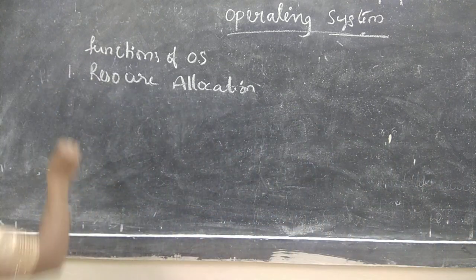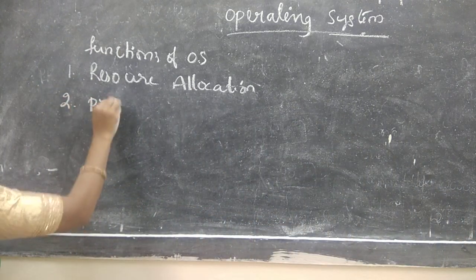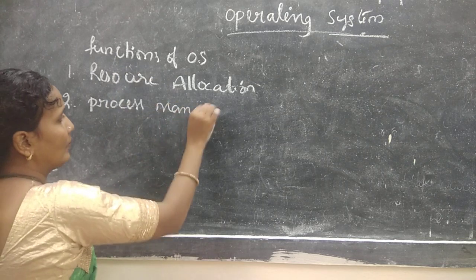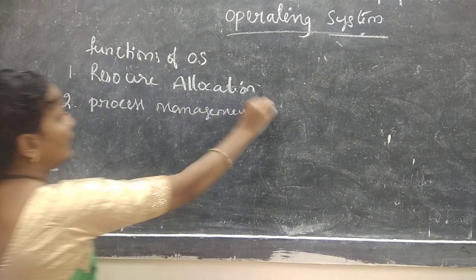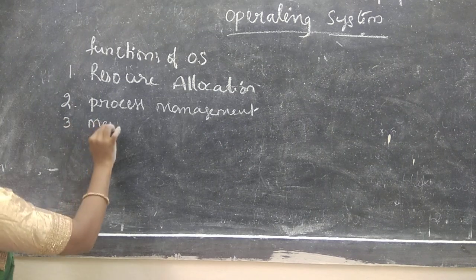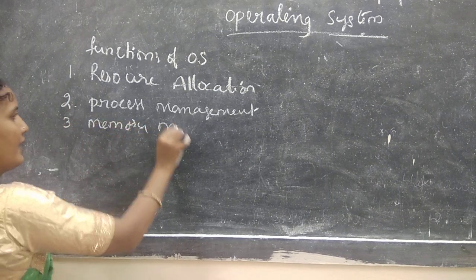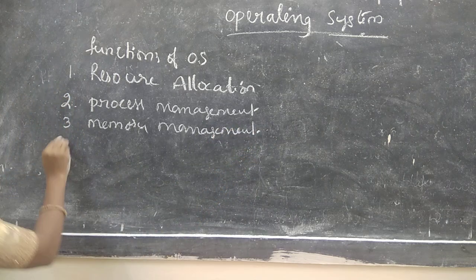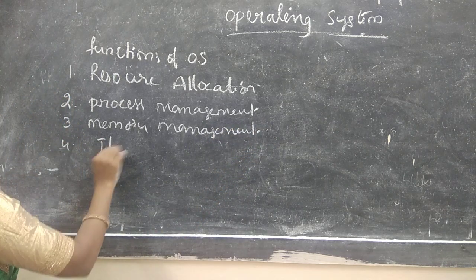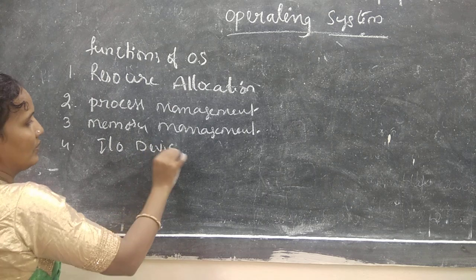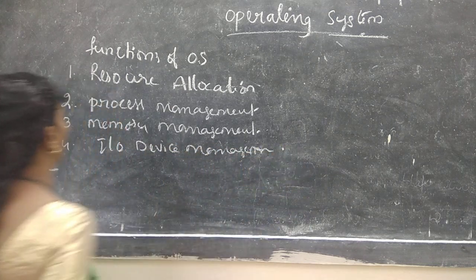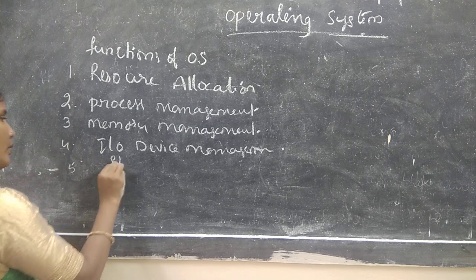The second one is process management. The third one is memory management. The fourth one is input and output device management. Next, storage management.